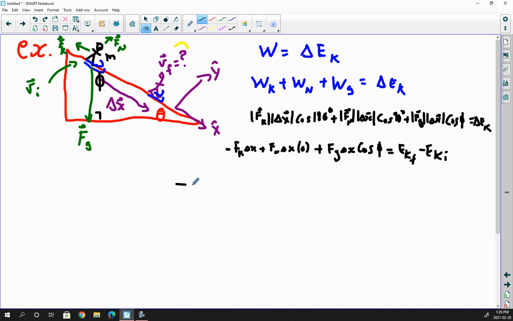So that leaves us with minus force of kinetic friction multiplied by displacement, magnitudes only, plus force of gravity, that's magnitude, times magnitude of displacement, times the cos of phi, that complementary angle, is equal to, well, before we say equal to, let's bring the initial kinetic energy over to the other side, so that becomes plus kinetic energy initial is equal to kinetic energy final. And we can rewrite the beginning part of this.